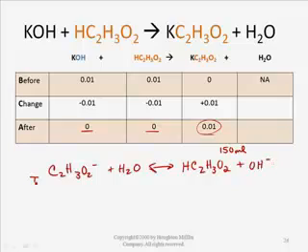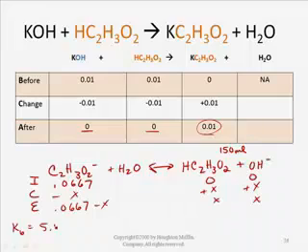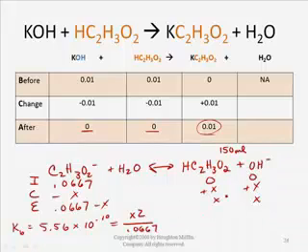Meaning an ICE table. So we have 0.01 divided by 0.15, so I'm getting 0.0667. So the molarity there, and 0 and 0. And my Kb for the acetate is 0.56 times 10 to the minus 10, and that's going to be x squared over 0.0667, doing our simplification.